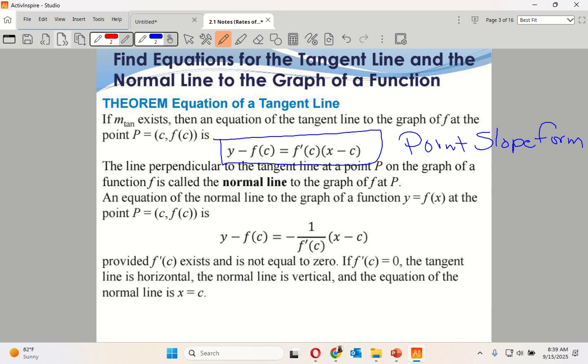The normal line is also in point slope form, but the difference here is the normal line is perpendicular to the tangent. That means that the slope is going to be the opposite reciprocal.